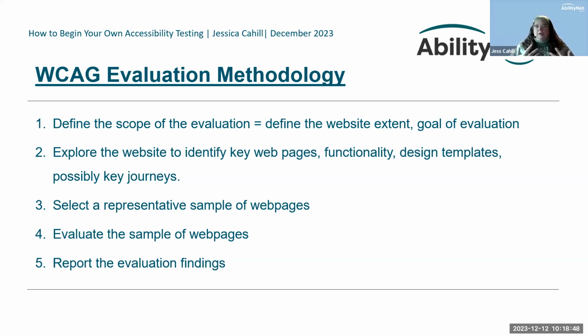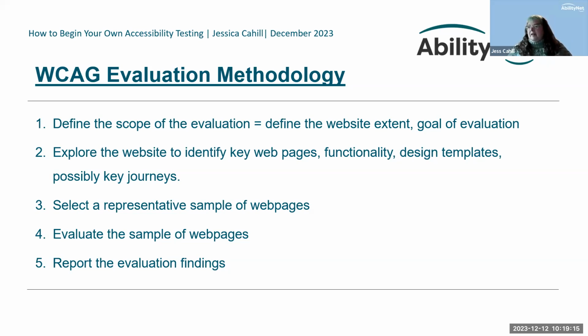Then we go on to explore the website to identify key web pages, key components, the most important user journeys, and different types of functionality or design templates. For example, you might want to be really clear that particular important journeys are accessible. But if you over-focus on those, that might leave other pages really inaccessible. So you've probably got some decision making to do there.